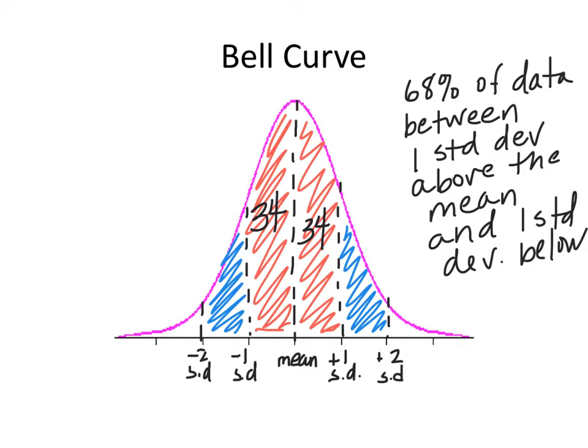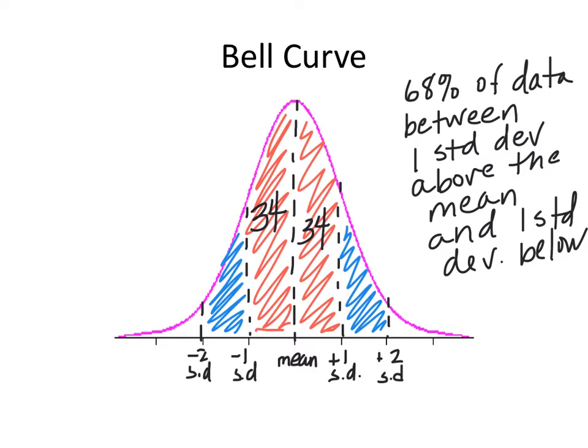Now we know that all together, those parts that are shaded blue and red make up 95% of our data. So we've already accounted for 68. 95 minus 68 gives me 27, so we've got to account for 27 more percent. Again, half is below and half is above.